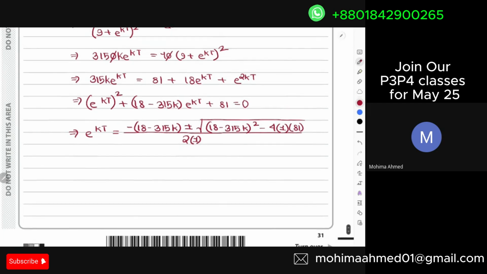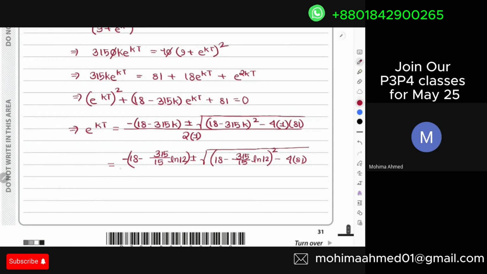2 times 1. And again, if I introduce a k over here, the value for k, which was 18 minus 315 multiplied with 1 by 15, or I can just directly write 315 by 15 ln 12, plus minus 18 minus 315 by 15 ln 12 whole square minus 4 times 81, everything under the square root, and then dividing this with just a 2, right?